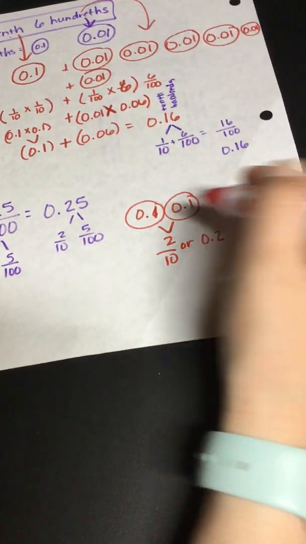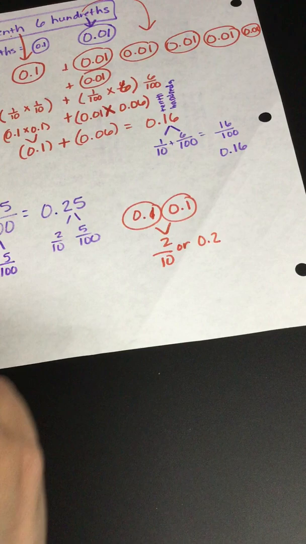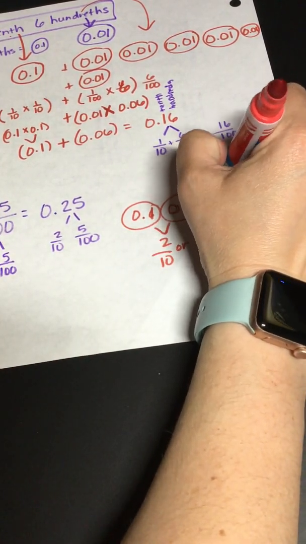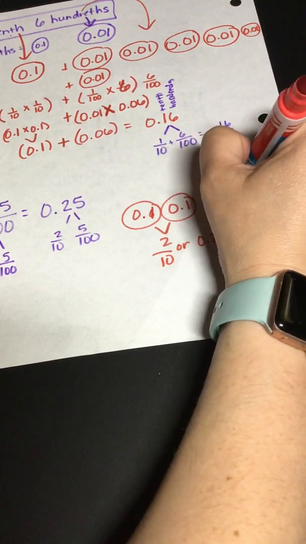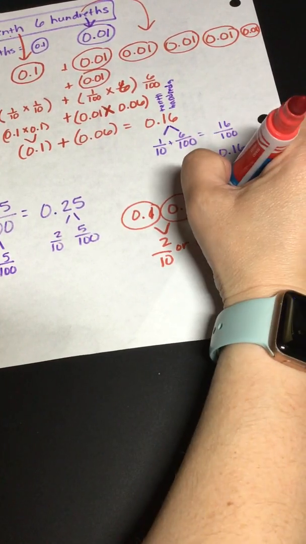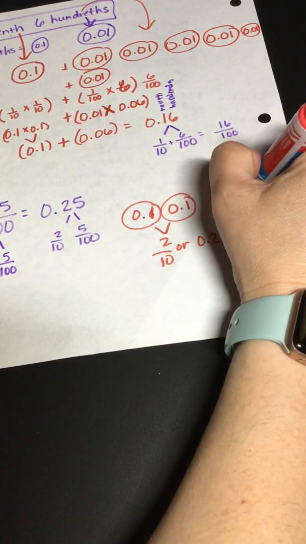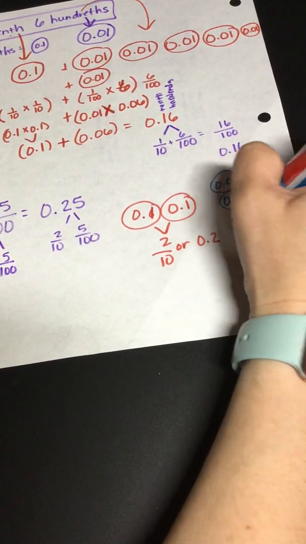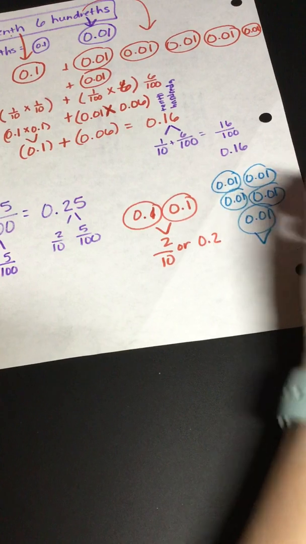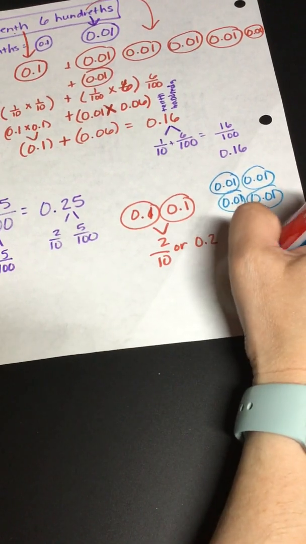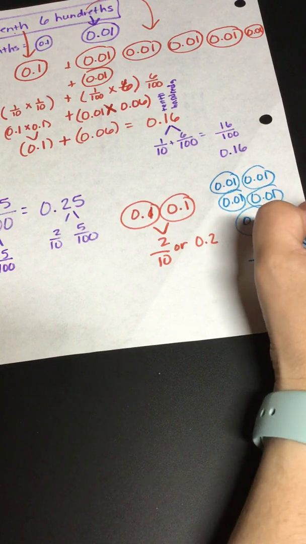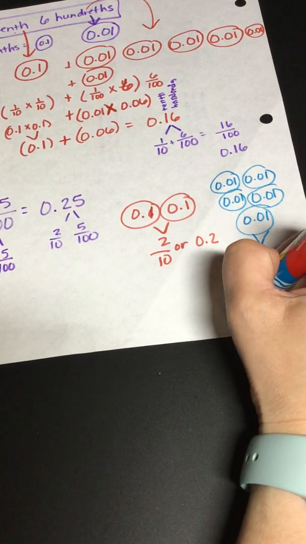And then if I have the 5/100, I'm going to go 0.01, 0.01, 0.01, 0.01, and 0.01, which equals 5/100, or 0.05.